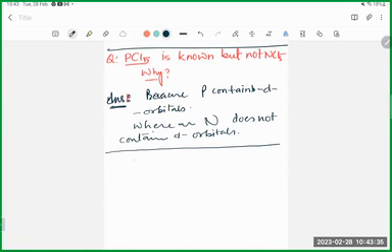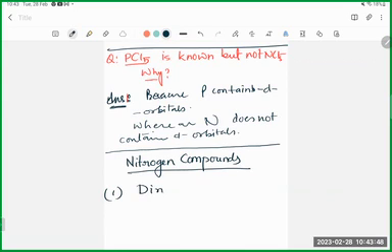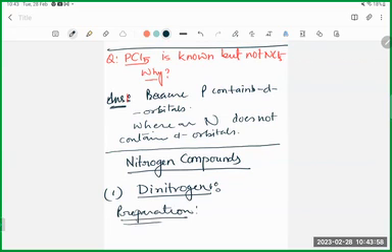Now let us learn the nitrogen compounds. First, we will pick dinitrogen. Its preparation and properties, everything we need to see.